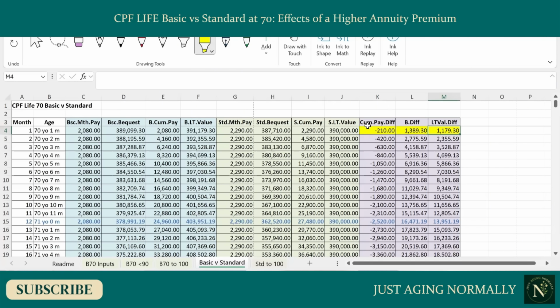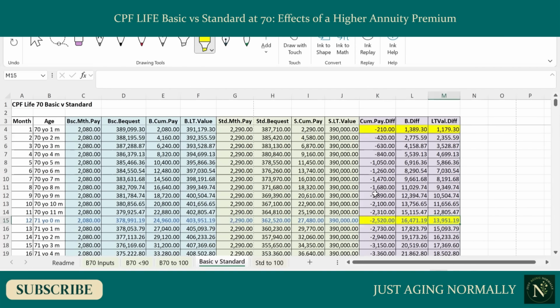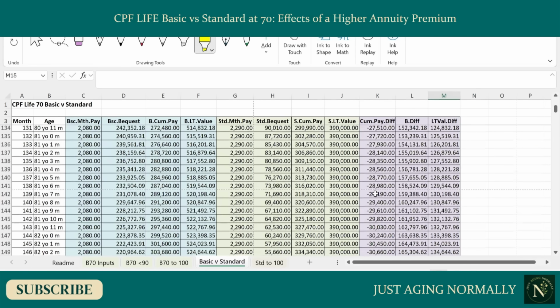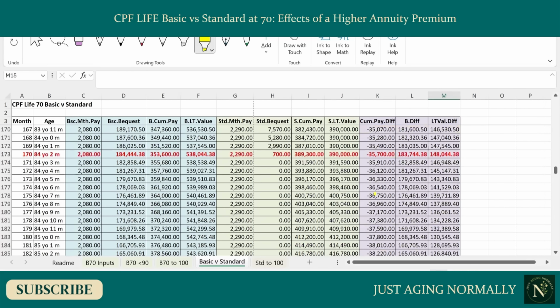S70 pays $210 more than basic. The yearly difference will accumulate to 2,520. But the bequest and lifetime value, which is the sum of payout and bequest, is more for B70. At month 170, corresponding to 84 years 2 months, that's when the bequest of S70 reaches zero.